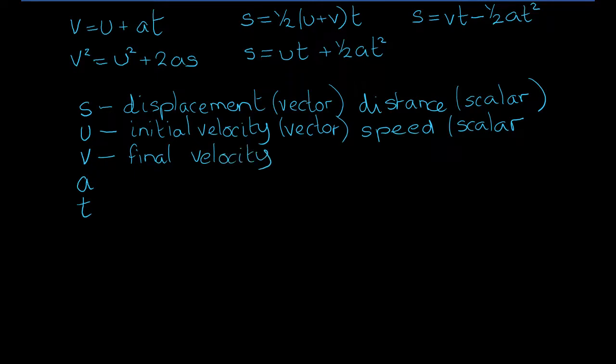Again, a vector. A stands for acceleration. Now, there isn't a separate name for this when it's a vector and when it's a scalar, but it can be either. And then T is probably the most obvious. T is going to be time.